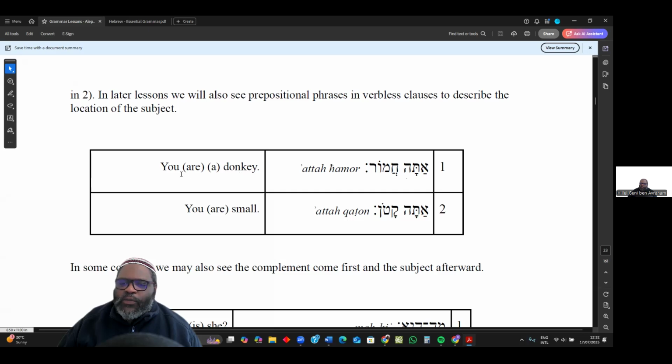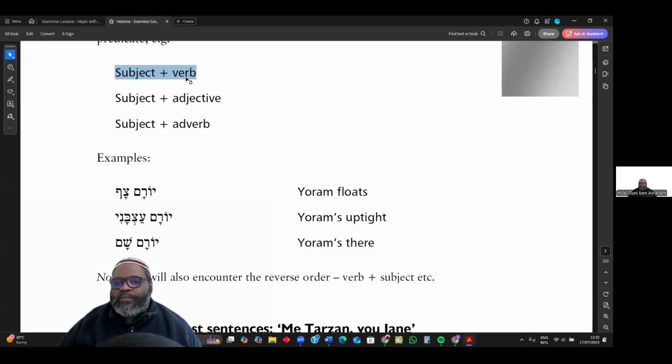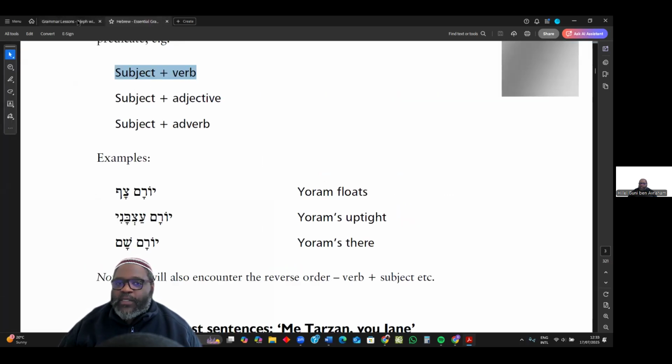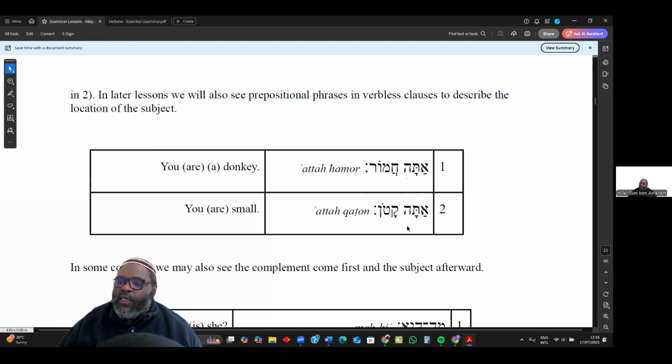Me, human, you donkey. This is how Hebrew sounds like in English. So, but why does it say verb? Why doesn't it say noun? It's because in Hebrew, davar is a thing. It can be a word or a verb. It can be a noun or an action word. So we keep the formula to subject plus verb for simple sentences, like this one. And then number 2 says, ata katon. Ata katon.